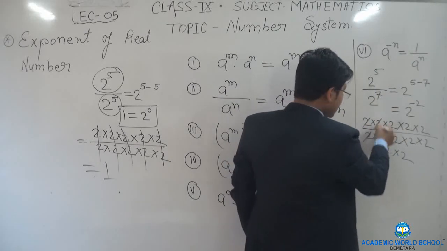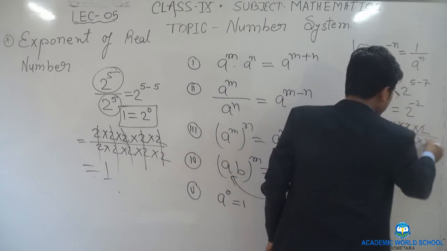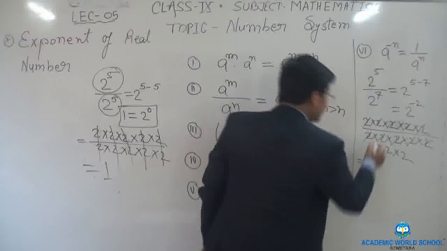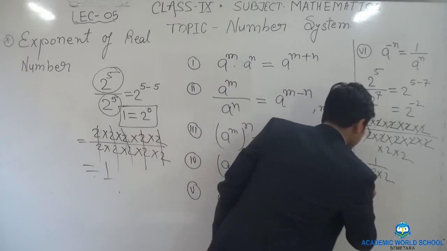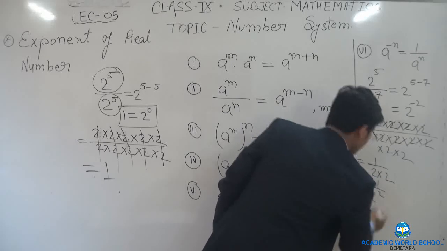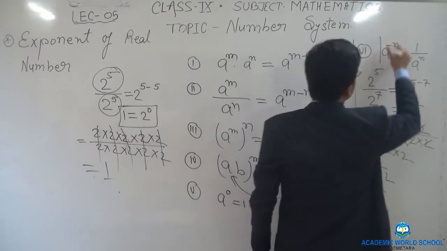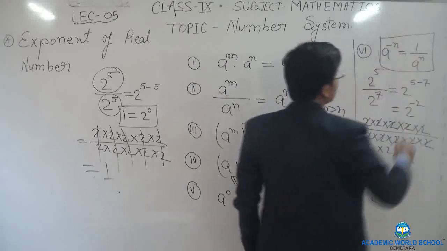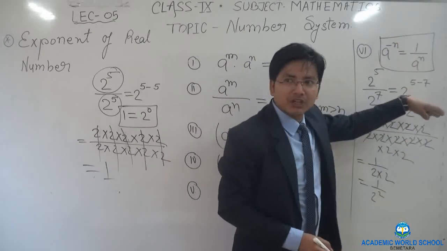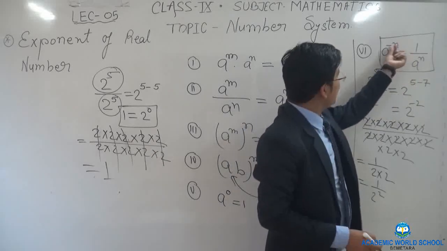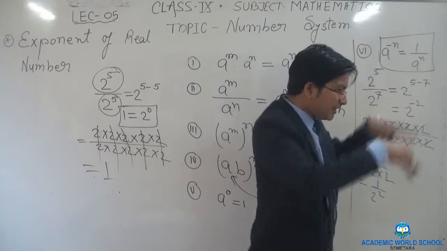So this is going to be cancelled. What is left on the numerator side is 1, and on the denominator side 2 into 2. So this is 1 upon 2 square. That is why I am telling you, if there is a negative power, take the reciprocal and the negative power will terminate.